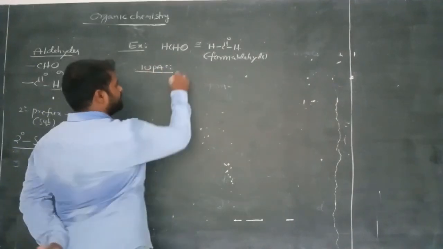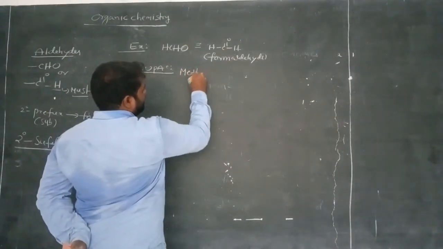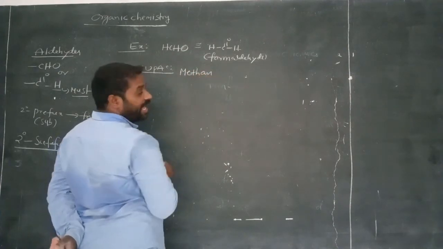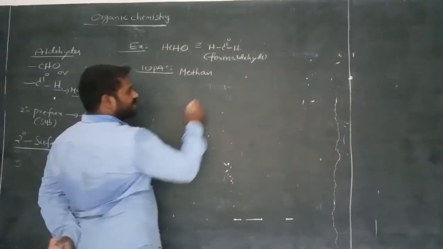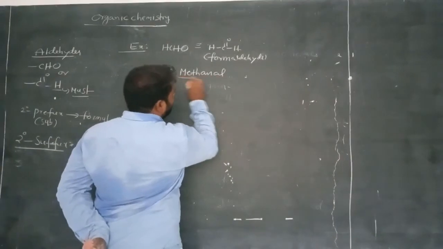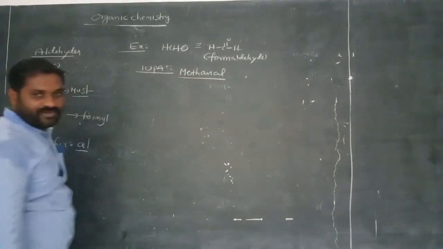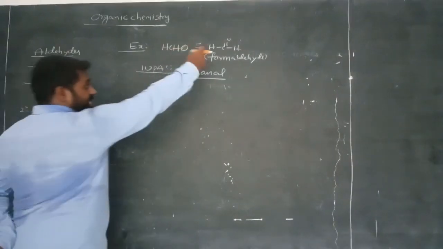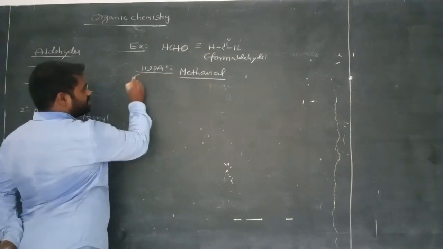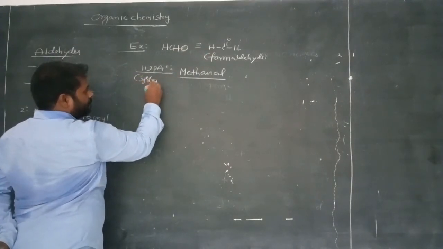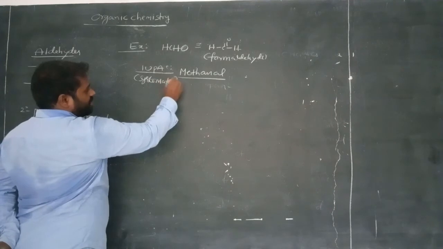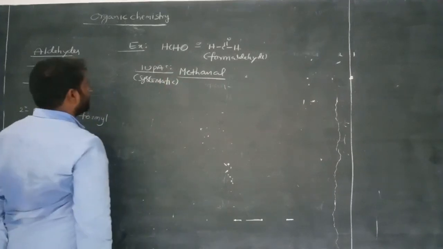One carbon means meth. Meth plus ane, methane. If an aldehyde is there, then we add al. Methanal. Methanal or formaldehyde, both are the same. This is the common name, this is the IUPAC name or systematic name. Systematic name. Clear?